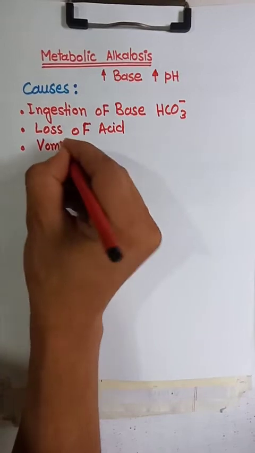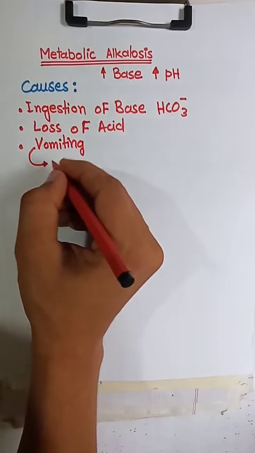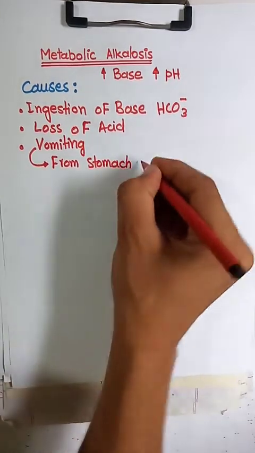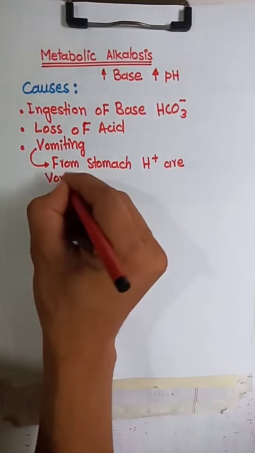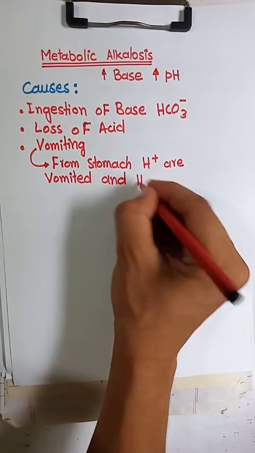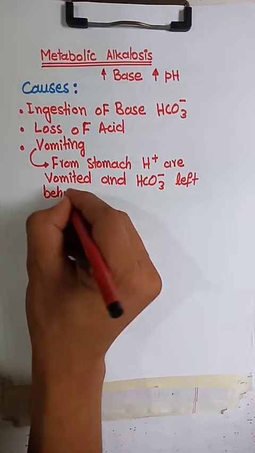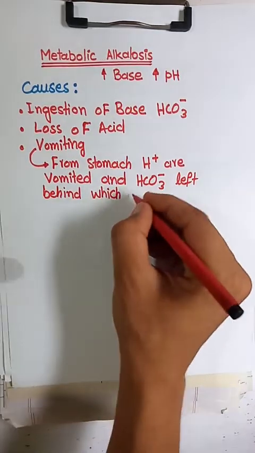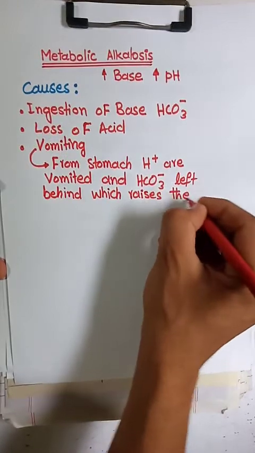Vomiting. In vomiting, H positive ions are vomited from the stomach and bicarbonate ions are left behind, which raises the pH of the stomach content.